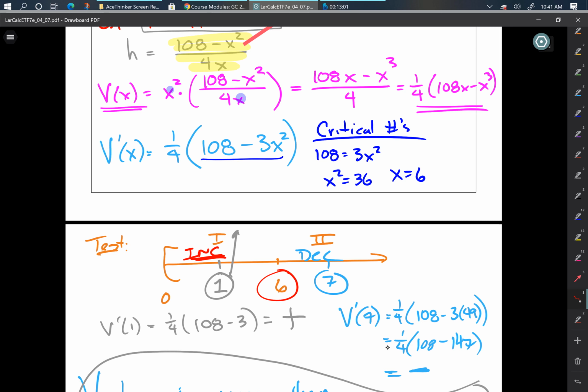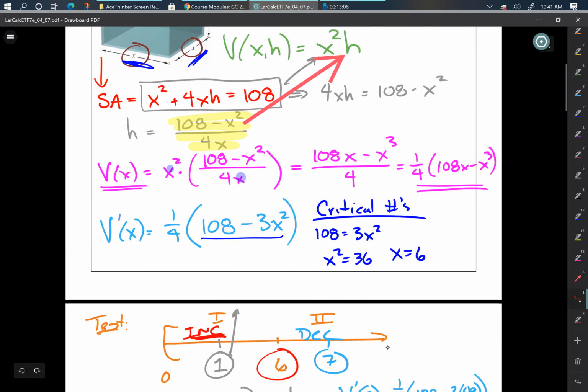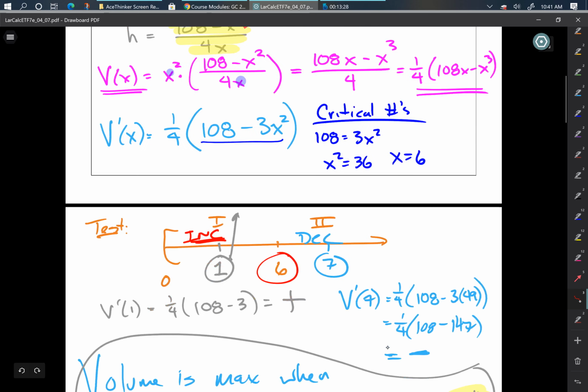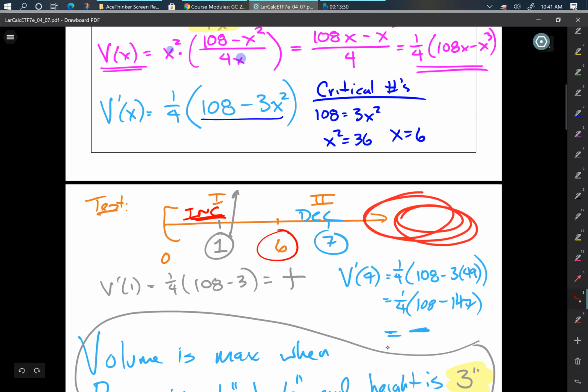A highest value. Okay? Because I'm pretty sure that there is some number. If we go back and look right here, I'm pretty sure that there's some number that if x gets bigger than that, it's going to make that height go negative because of this equation right here. If x gets larger than the square root of 108, then that function will make a negative height, and negative height doesn't make sense. So there is some number over here on the high end that'll make height go negative.